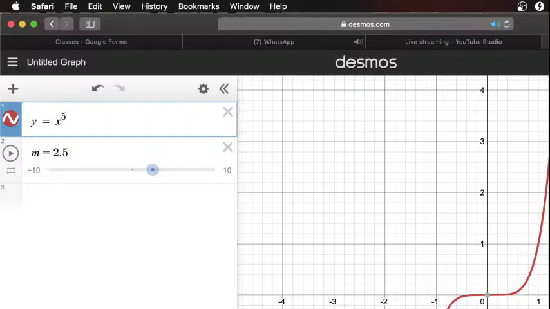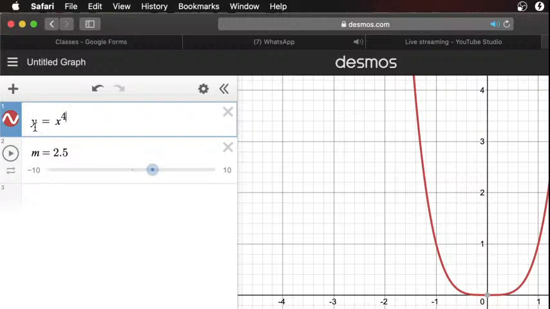What are even functions? Even functions are those where the exponent is an even number. Whenever I have an even function, it is exactly symmetric about the y-axis. What is so unique about an even function? For a positive value or a negative value of x, the value of y would be the same.